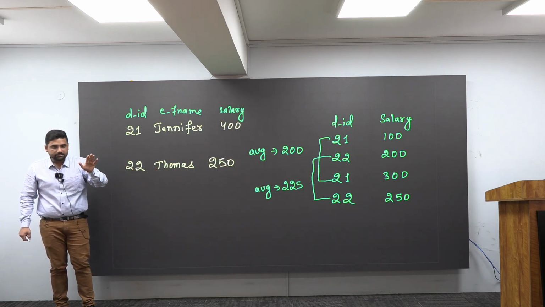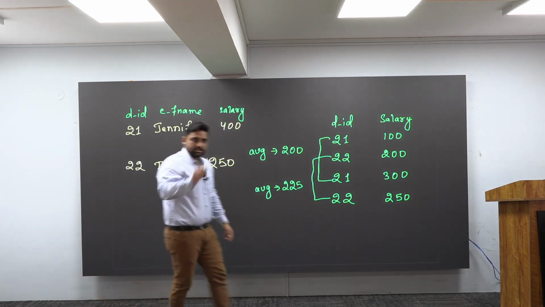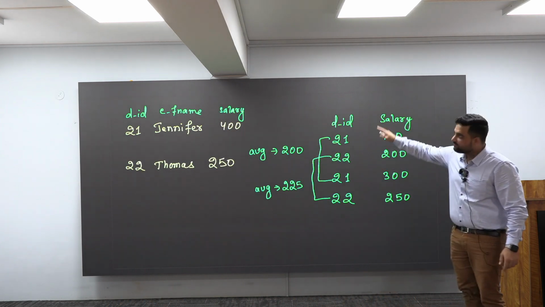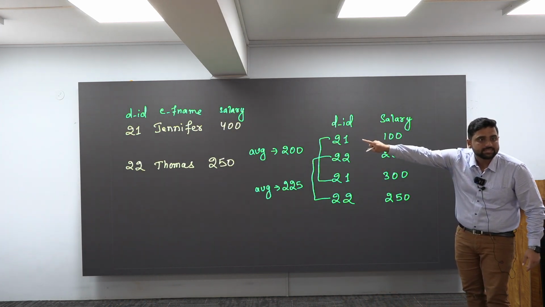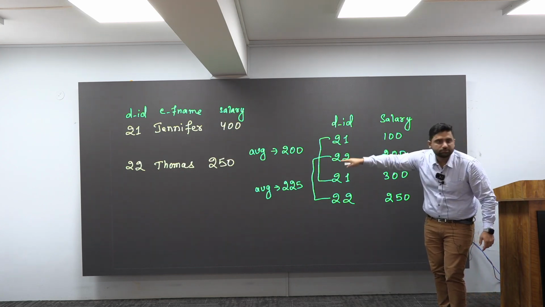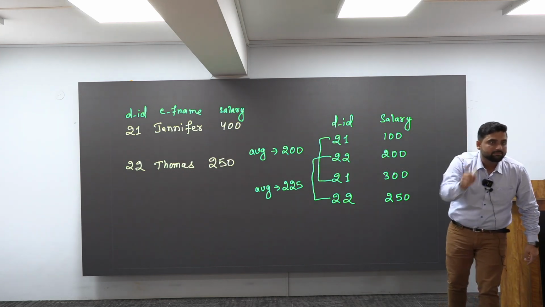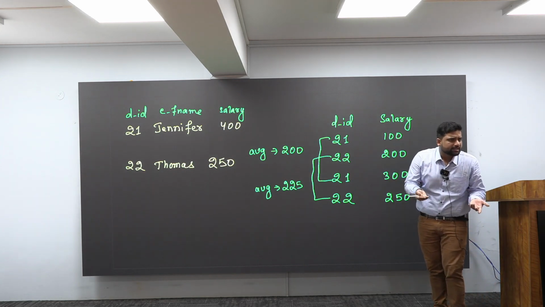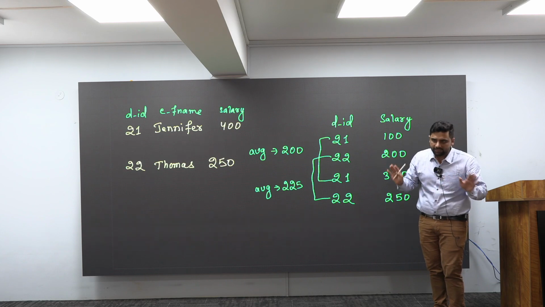Understood? That is how we have to find. Think how we can get it. Understood with the scenario? We should not compare with every department. If Jennifer belongs to department 21, we compare with department 21 only. If Thomas belongs to department 22, we compare with department 22 only. And what do we compare? The average salary.